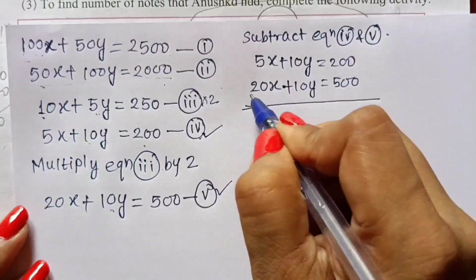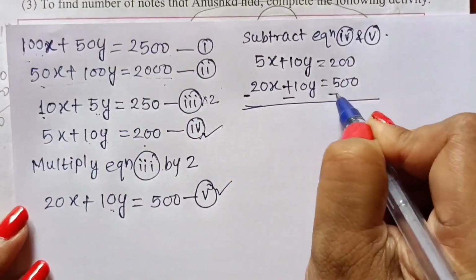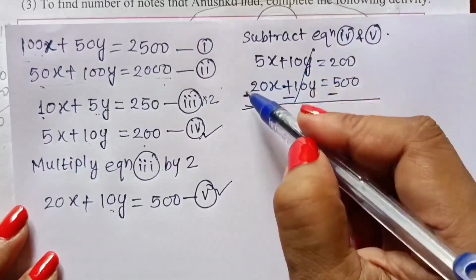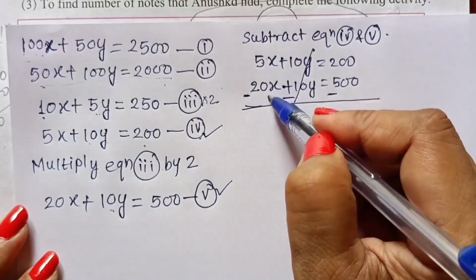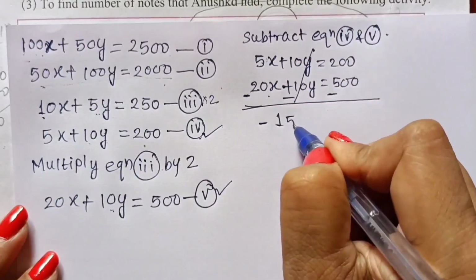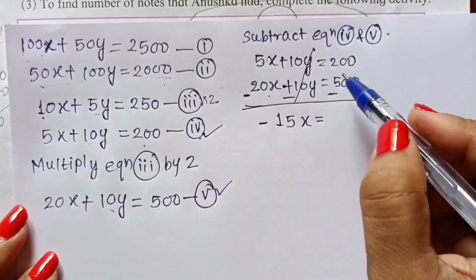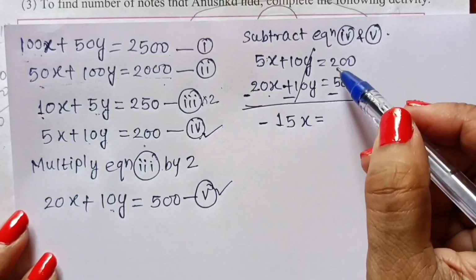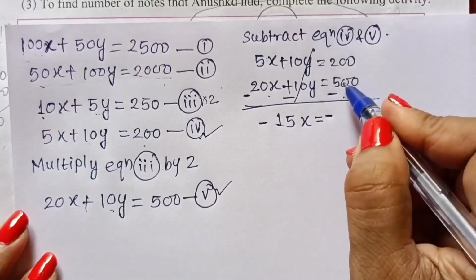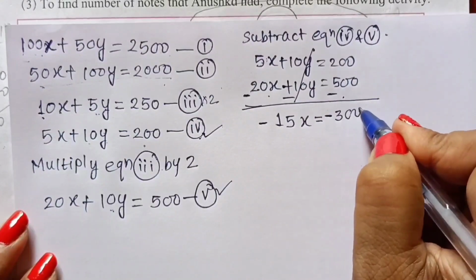As we are subtracting, we will have to change the signs of the equation. So change it. Plus 10y minus 10y cancel. Plus 5 minus 20, plus minus minus, sign of the bigger number, so it will be 15x. And plus 200 minus 500, plus minus minus, sign of the bigger number, 500 minus 200 is 300.